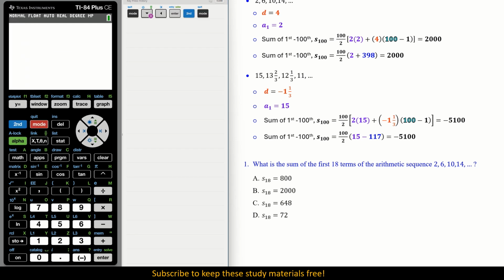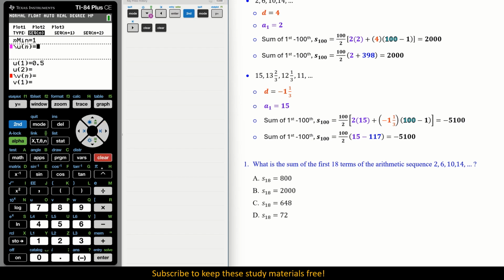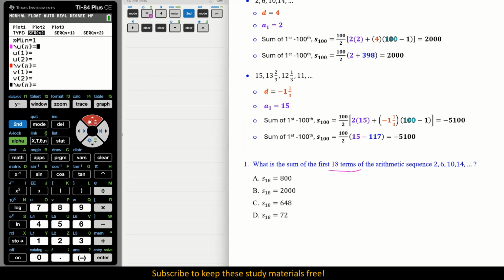Then push second mode. Now we need to go Y equals, and I'm going to clear out everything that's in there and start fresh. Now we need to use one of these formulas, but which one can we use? This is just asking for the sum of 18 terms.